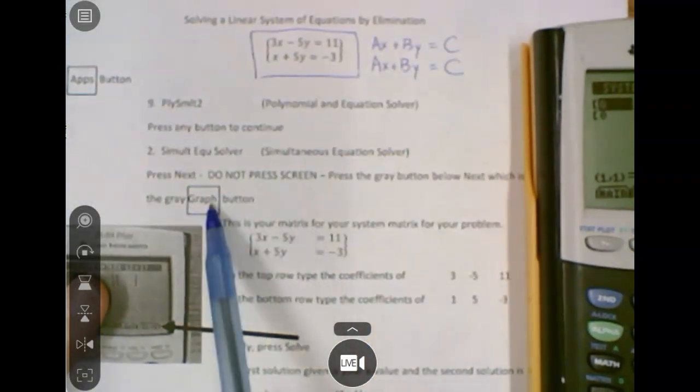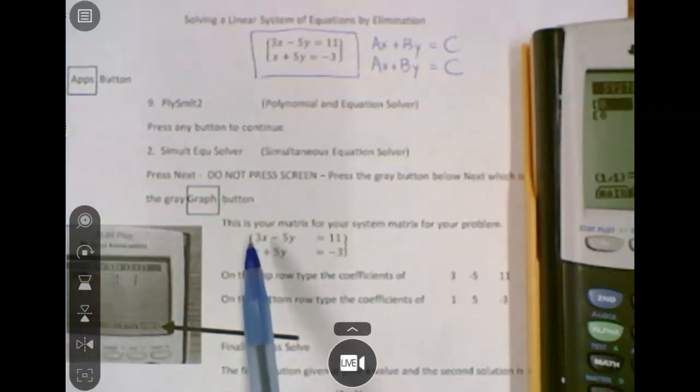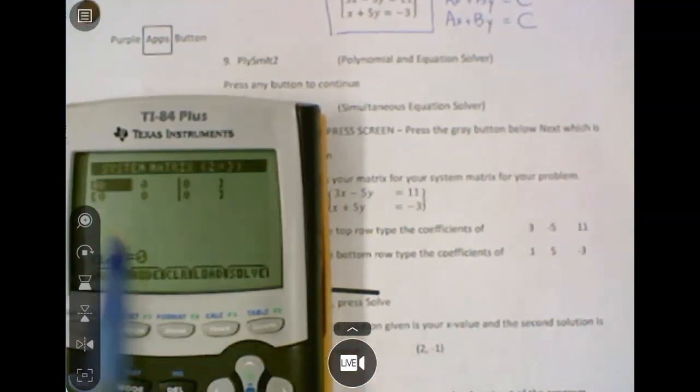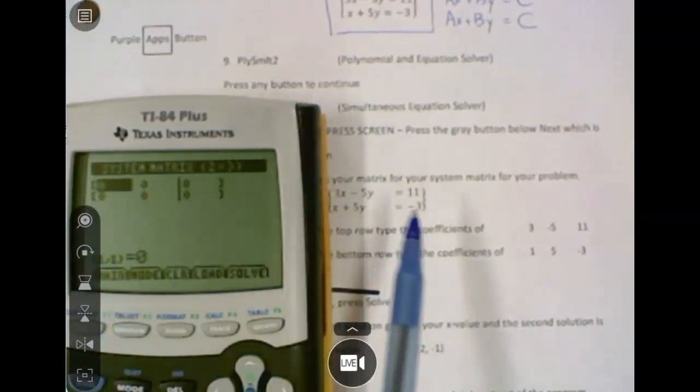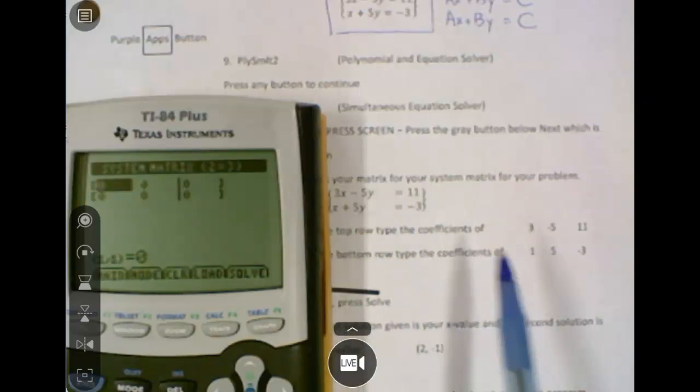So we press graph, and then you have to notice that you have this screen. This screen coincides with your system, okay? And you want to type the coefficients of your top row.